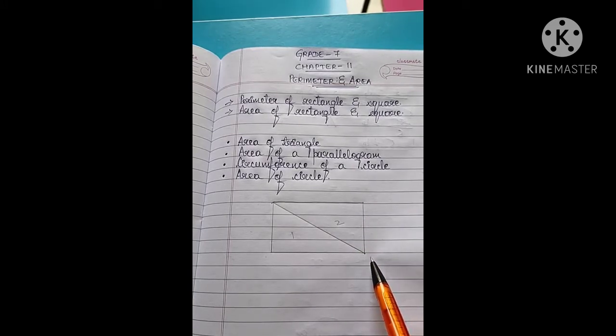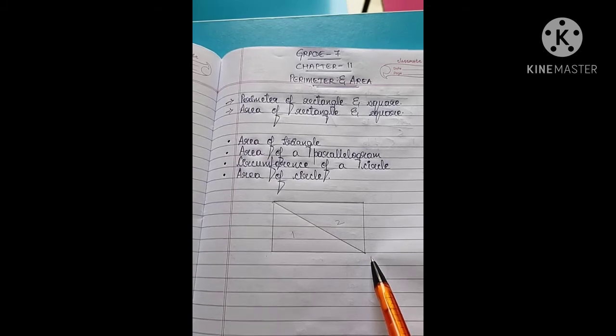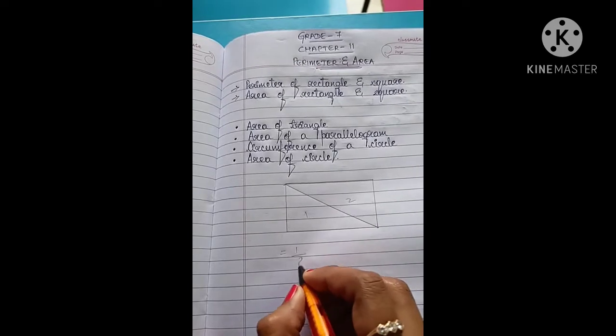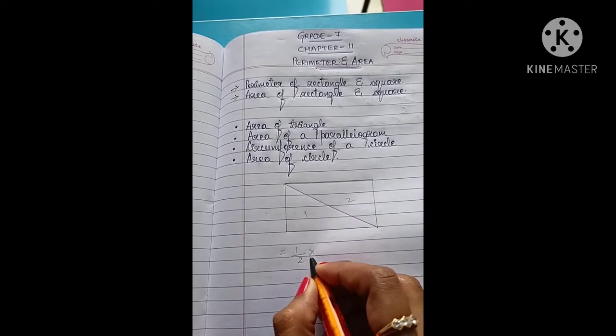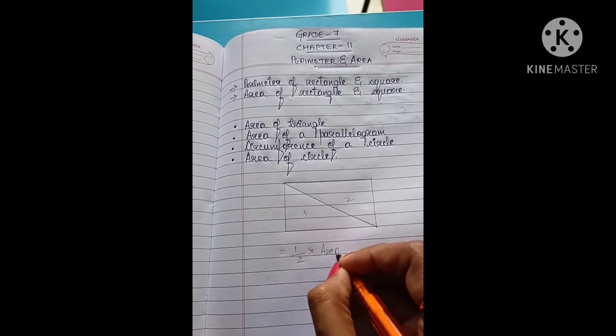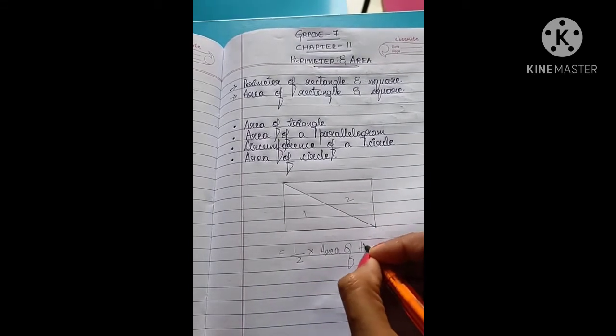So now I can easily tell that the area of triangle is half multiplied by the area of the rectangle.